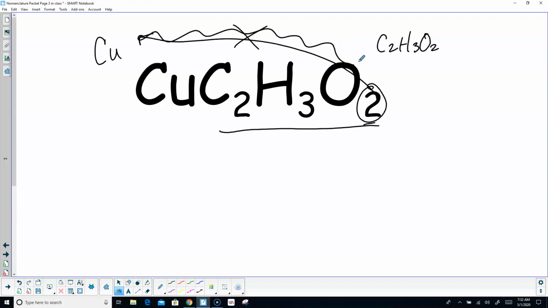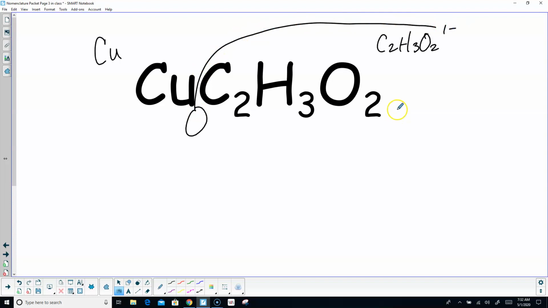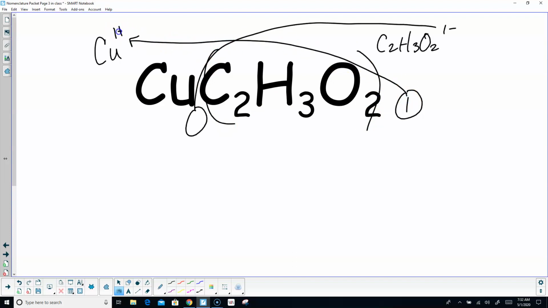If you're moving a subscript from behind a polyatomic, it's got to be outside of parentheses. That 2 is part of C2H3O2, a polyatomic called acetate. There's a 1 here that goes up here, which is the charge of acetate, and then there's an understood 1 here because there's no parentheses. There's 1 acetate, and it would go here.